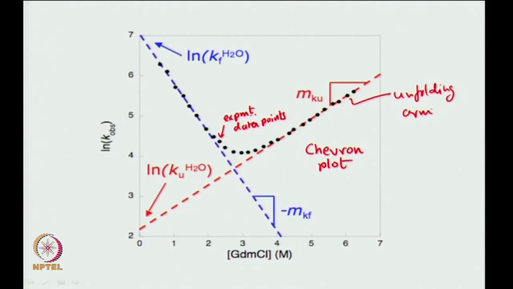So, if you look at this figure, on this unfolding arm all these data points are related to Ku, and then you extend it. What you get at this point is something you have done before in terms of delta G. What is this? This is the unfolding in the absence of any denaturant, which is ln Ku H2O.